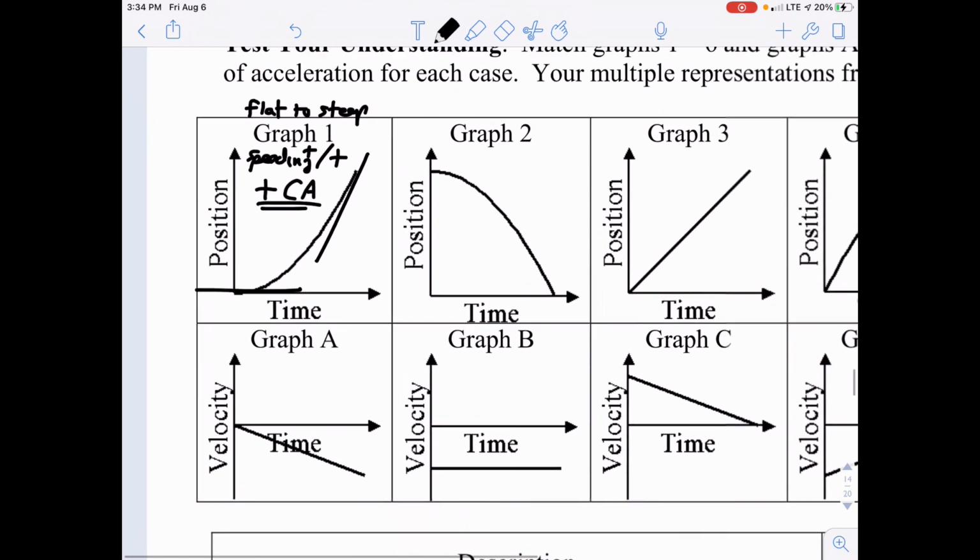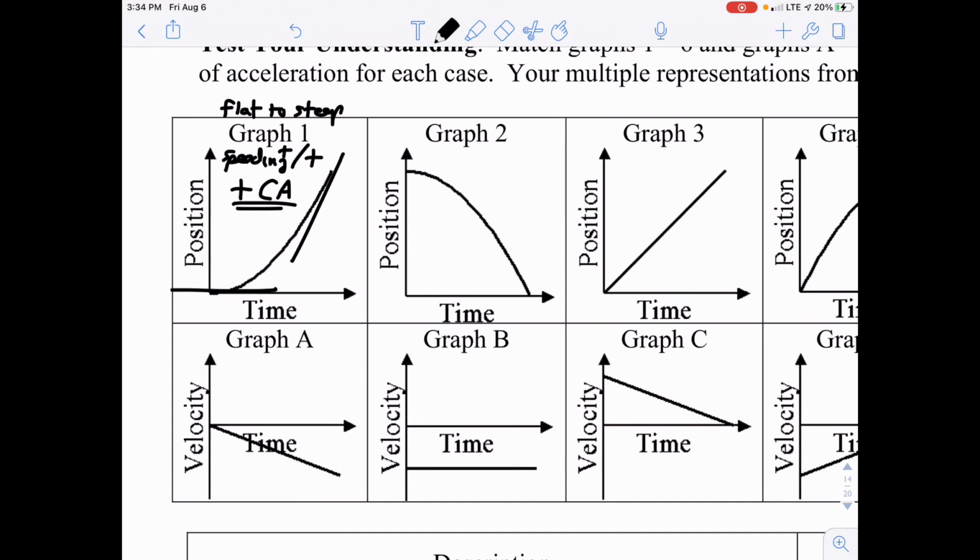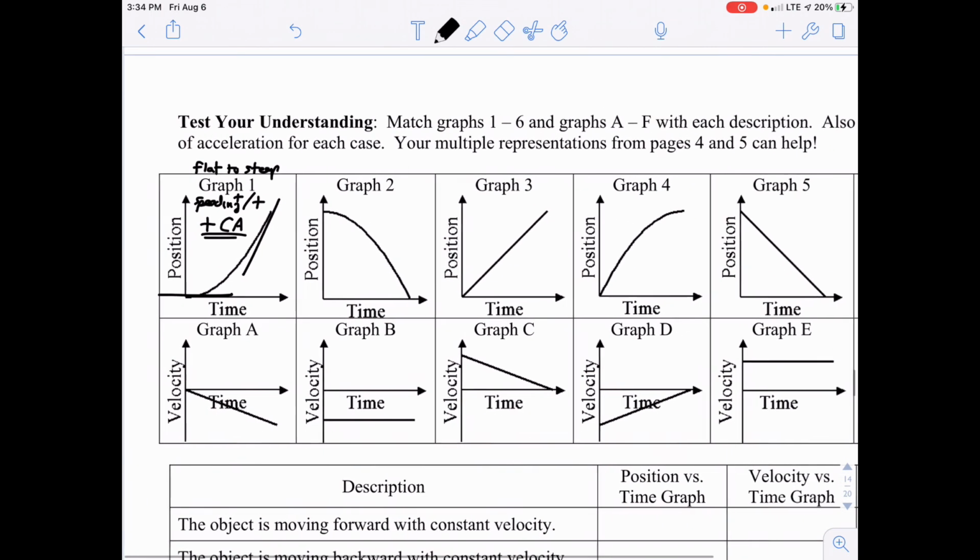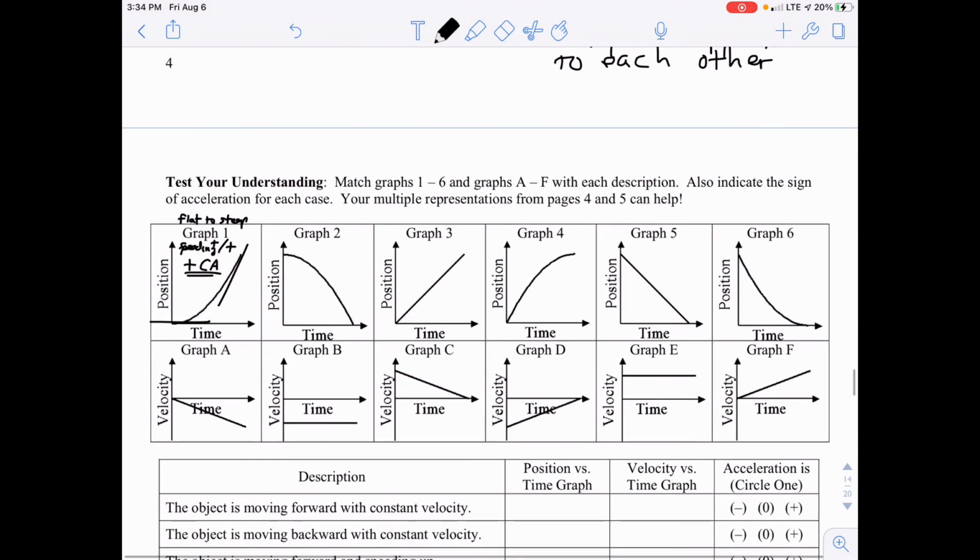So I'm looking for a graph where I'm starting from rest, because I'm starting with zero slope, and I'm speeding up from rest. Well, the only one that's showing me speeding up from rest would be graph F. So F and 1 are going to go together. Let me cross them out as we go.